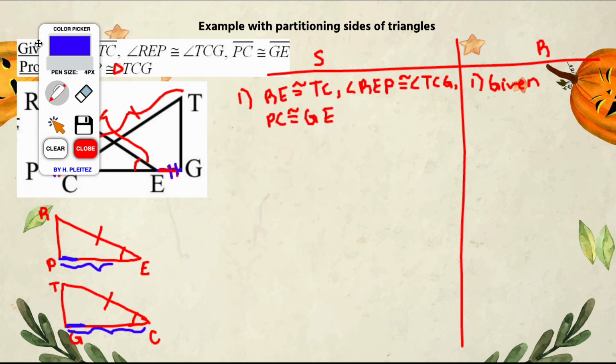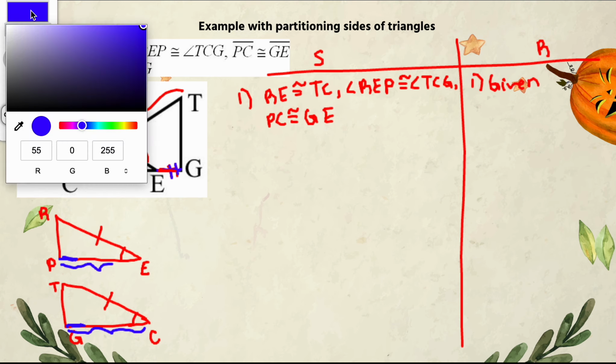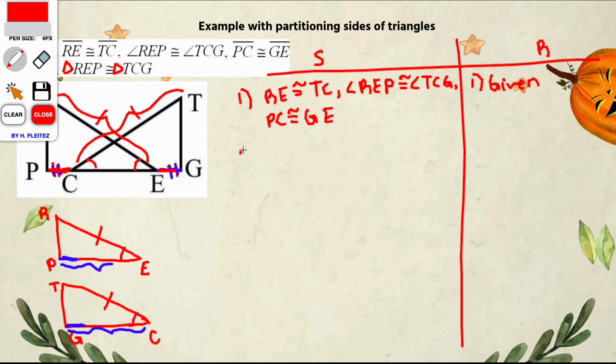So that's just a general, I like to take a step back from the proof to see what we're dealing with and what my game plan is going to be. And right now that's my goal. I want to try to make a conclusion about PE and GC. So I can kind of pretend like the rest of the diagram isn't there, right? Like if you physically cover the top of it with your hand, if you just look at segment PCEG, it kind of looks like the example we did on the previous slide, right?